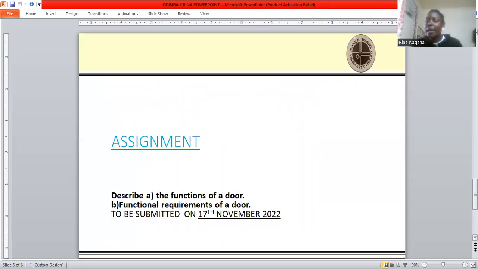So we want to end our lesson, but before we end our lesson, I want to give an assignment. I want someone from the other end to read for us the assignment, please. Read the assignment that I'm sharing on my screen. Someone who can see the assignment. Your screen has disappeared.